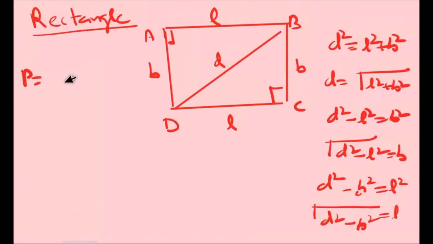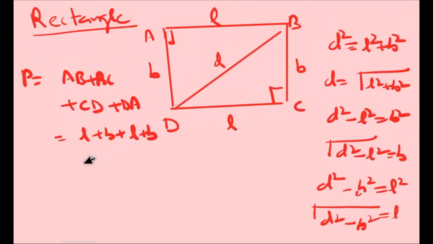AB plus boundary, that is BC plus CD plus DA. This is the perimeter. So L plus B plus L plus B means 2L plus 2B. In algebraic expression, you know this, how we can add. So using this formula you can find the perimeter.